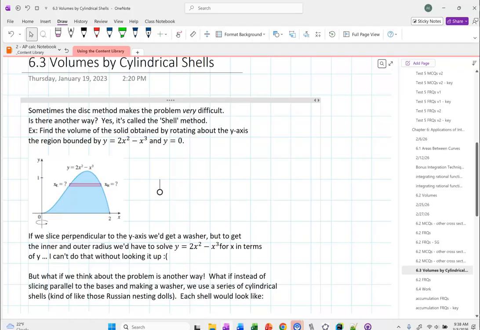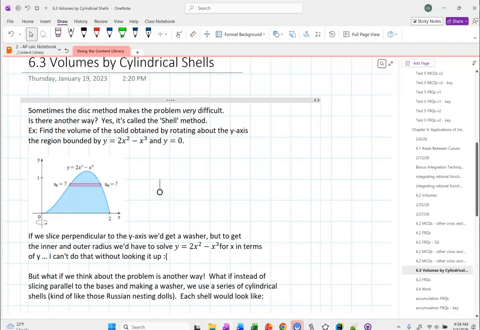So the question is, what kind of shape are we going to do this with? Why are we going to be getting rectangles out of this? The idea is we're going to take a hollow cylinder, and that's going to be our shell. When we unwrap that hollow cylinder, if it doesn't have a top or bottom, it's a rectangle, right?